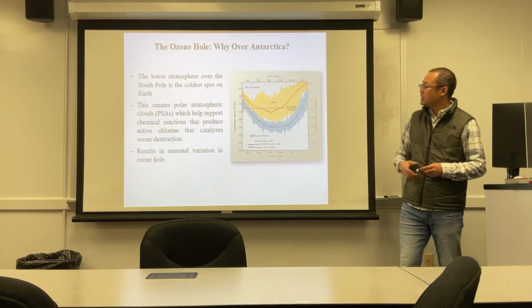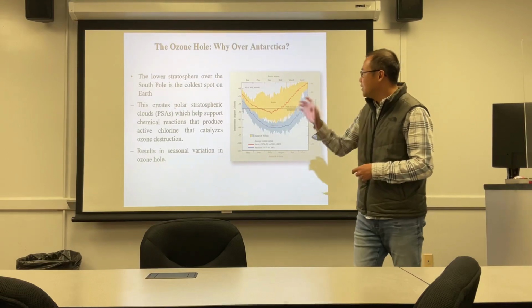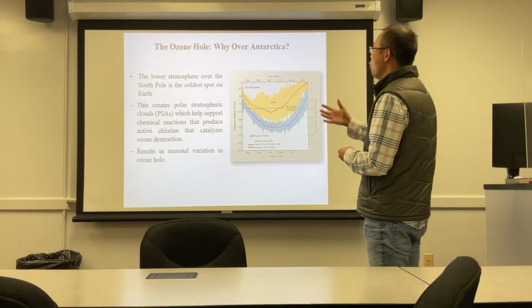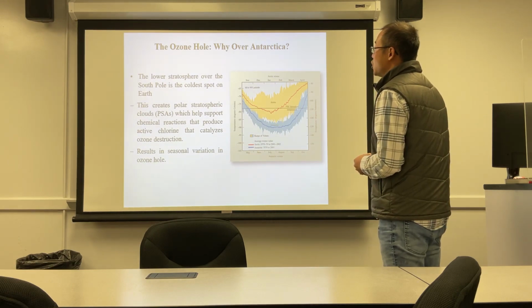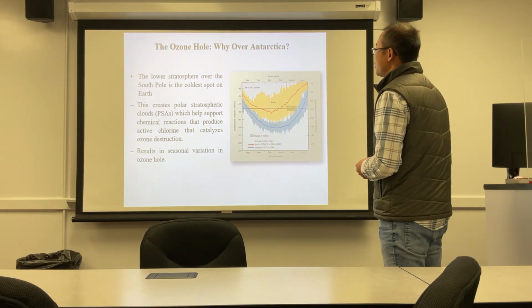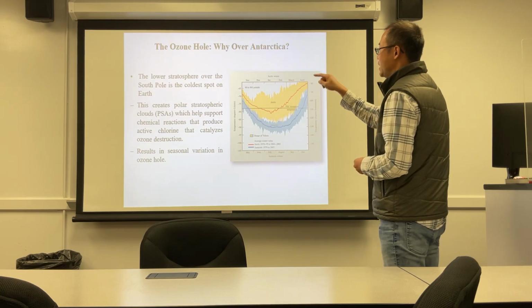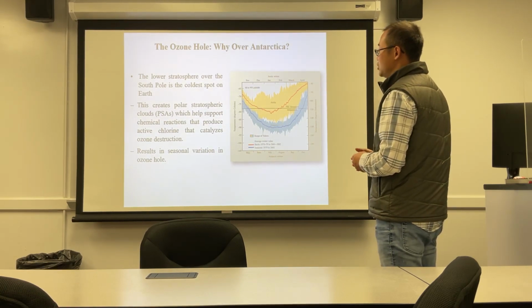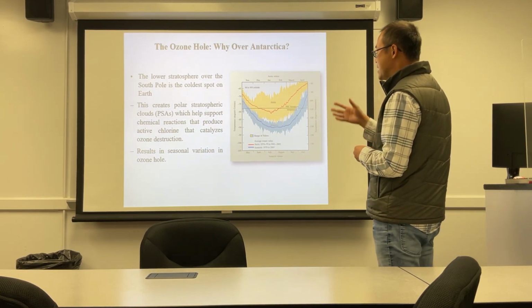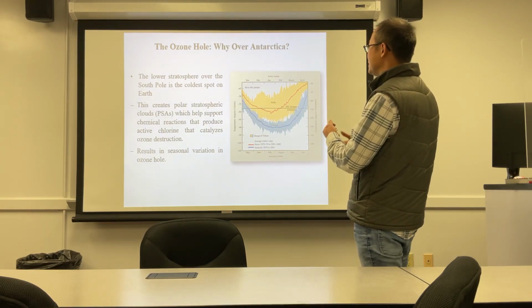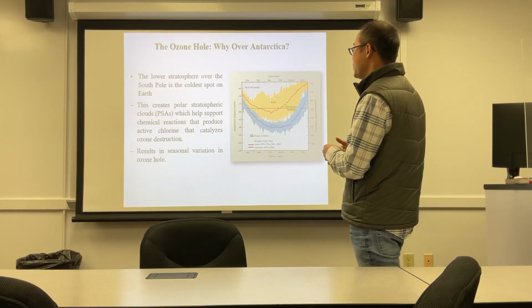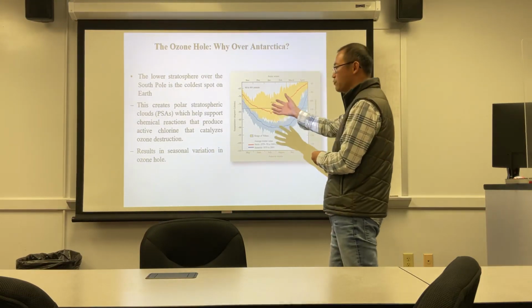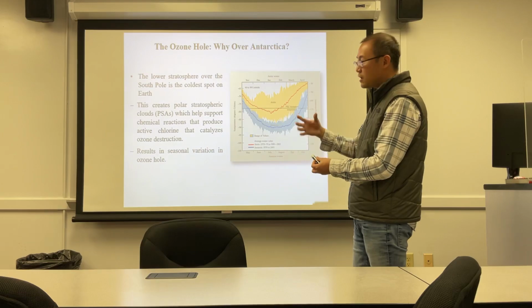Like I mentioned earlier, the ozone hole first occurred over Antarctica. You can see the lower stratosphere over the South Pole is the coldest spot. This creates polar stratospheric clouds, which help support the chemical reactions and produce active chlorine. So basically the reaction happens the most around that area.